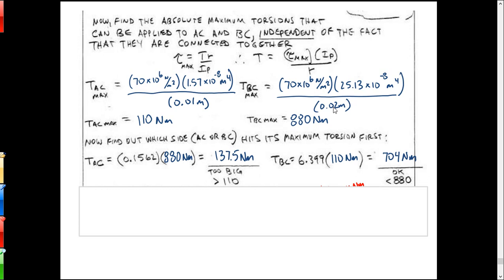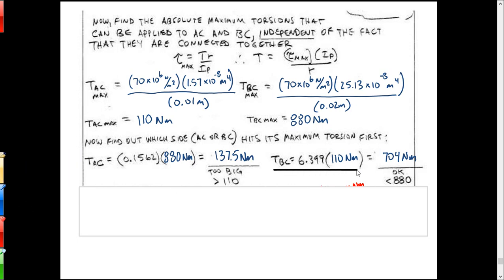But that's too big. It can't go that high. So if TAC goes all the way up to 137.5, it'll have too much shear in it, see? Because TAC max is 110. So what that means is TAC is the one that maxes out first.